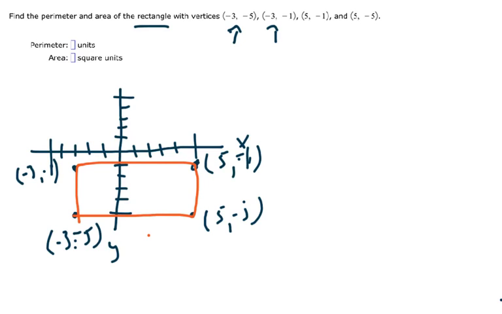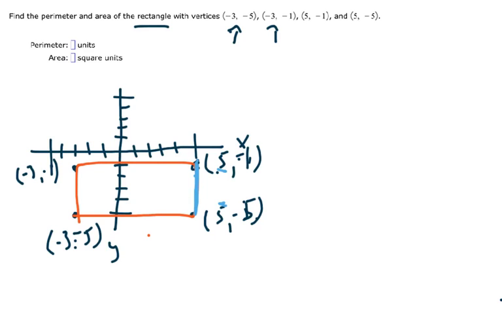So even without drawing the whole coordinate grid, I want to know the distance from here to here. Notice the 5s are the same, so we're not going along the 5. I want to know how far it is from -1 to -5.